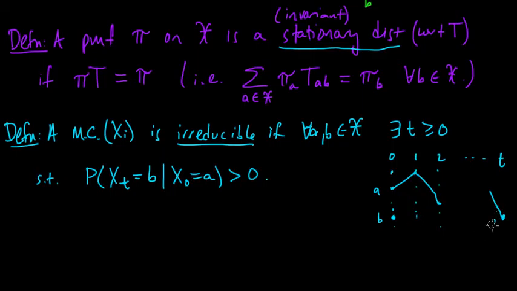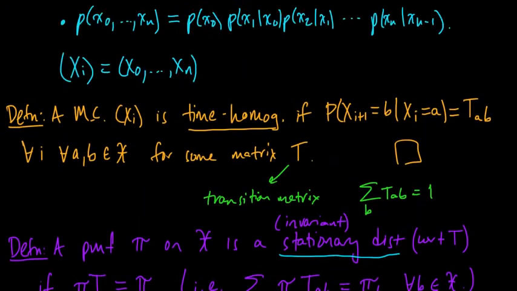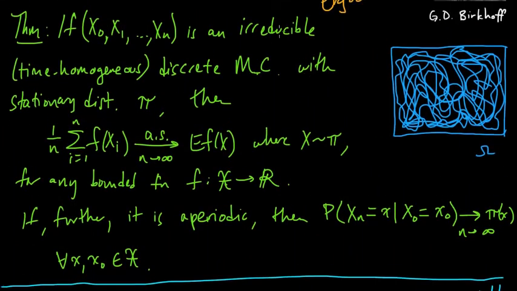This is state B. And it has positive probability in the sense that when you multiply together all the transition probabilities for going from A to whatever this is, and then this to whatever this is, there's a path from A to B that has positive probability. The product of all those is positive. So that's irreducibility, and we need to define, I think there's one more. So we got irreducibility, we got time homogeneous, we got a stationary distribution, and we need aperiodic.